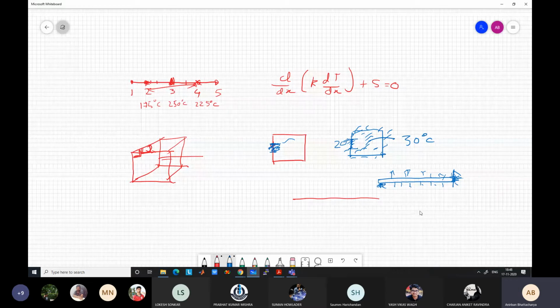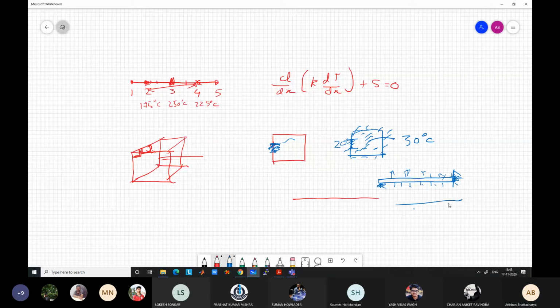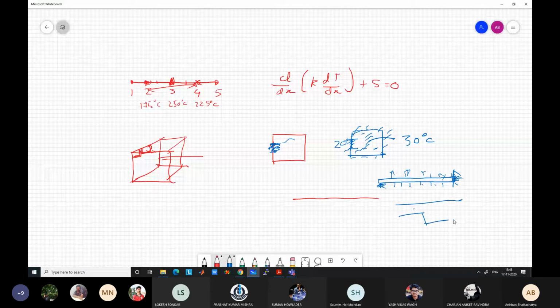You can even solve for other types, only flow type of problems where there is no heat transfer, or only heat transfer problem where there is no fluid flow. Okay, so for example, I have a structure like this, a step structure, and flow is coming from here and going out from here.